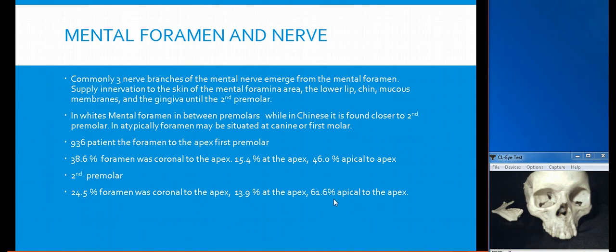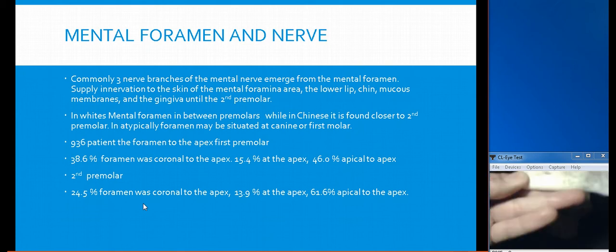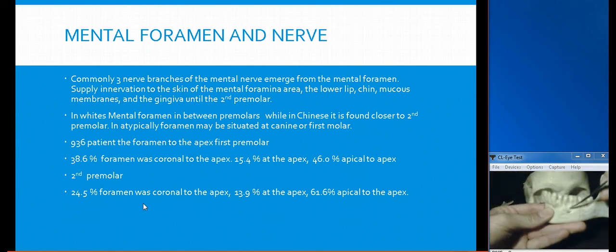For me as a surgeon, if I need to, I usually make a nice flap and actually visualize where the mental foramen is going to be. I visualize the mental foramen and measure the distance clinically.